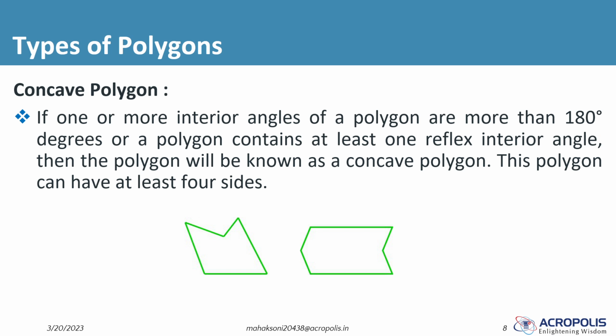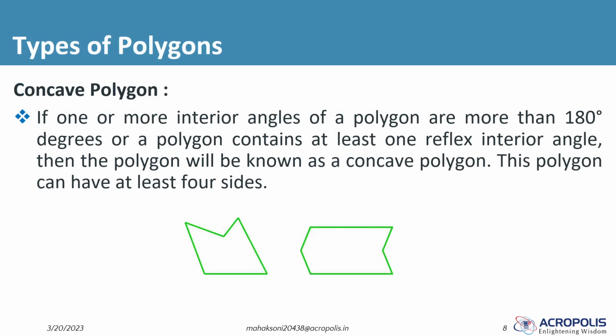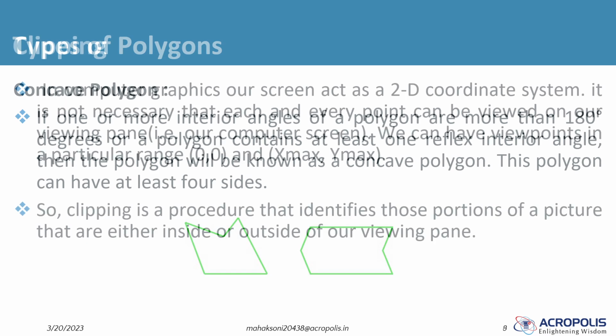So here in this figure, it is seen that some angles inside the polygon are greater than 180 degrees. So it represents a concave polygon. Now we have discussed all the four types of the polygons. Now we will move to clipping.